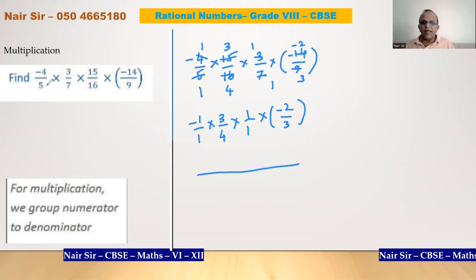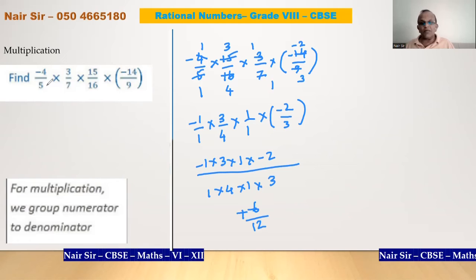Numerator to numerator, denominator to denominator. A bit long a step, but very important. Okay, 3 twos are 6 and there are 2 negatives, so this will become plus 6 upon 4 threes are 12. 6 upon 12.